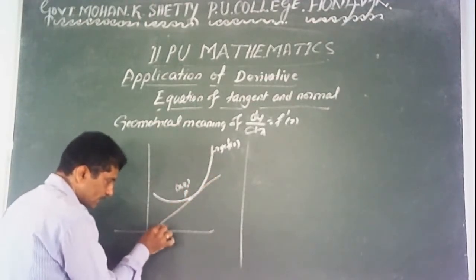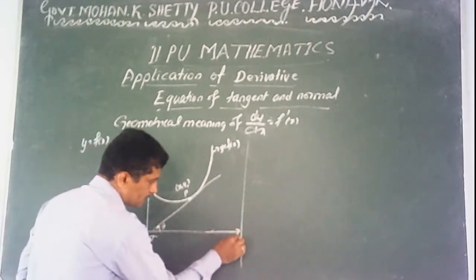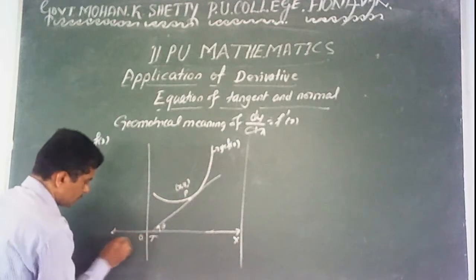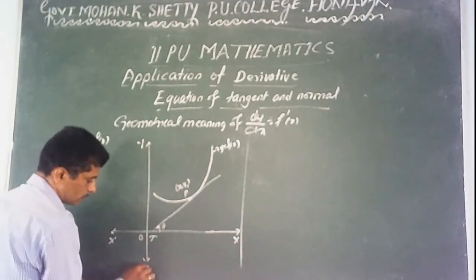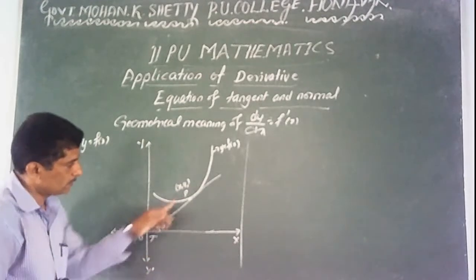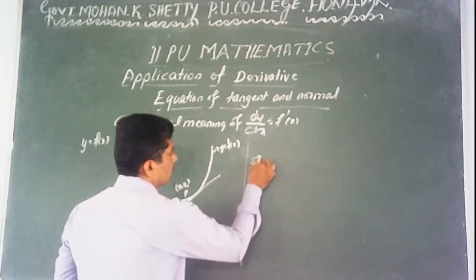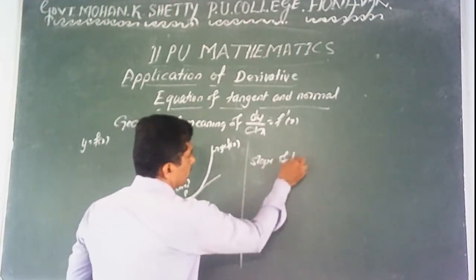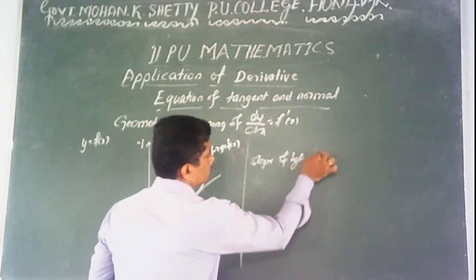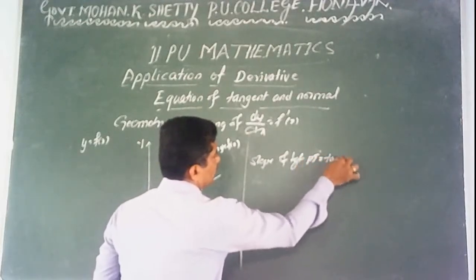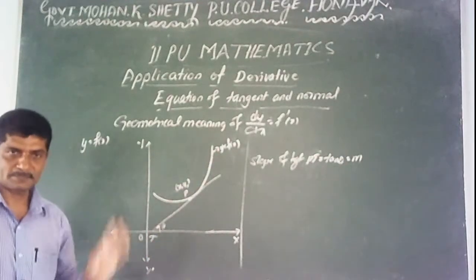This tangent makes an angle theta to the positive direction of x-axis. This one is x-axis, origin, this one is y-axis, vertical line. PT is tangent. Therefore, slope of tangent PT is equal to tan theta. You say that this value is m. M means slope of the tangent PT.